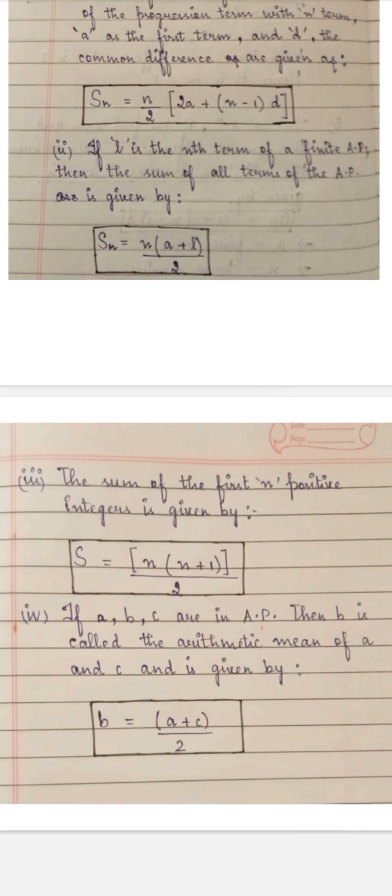Now the fourth formula is, if there are 3 numbers a, b, c which are in AP, then b is called the arithmetic mean of a and c, and we can find b by the formula a plus c by 2.